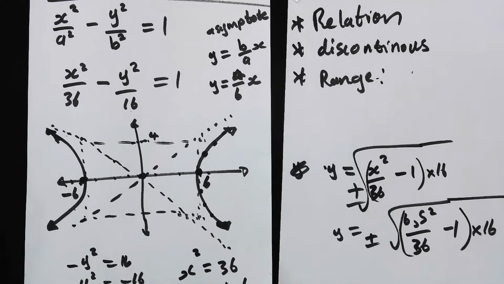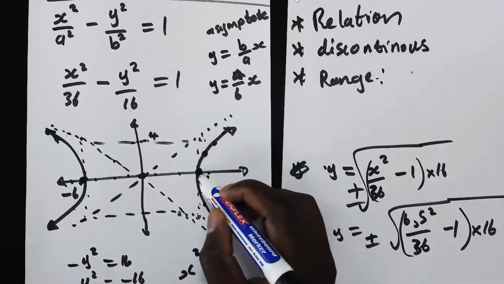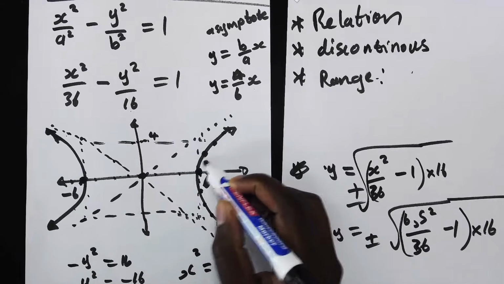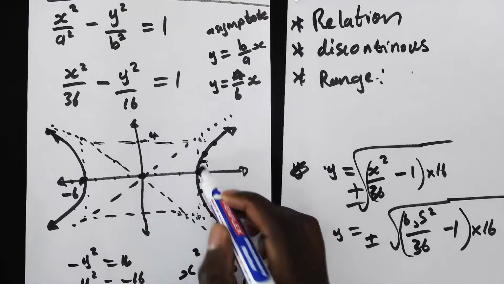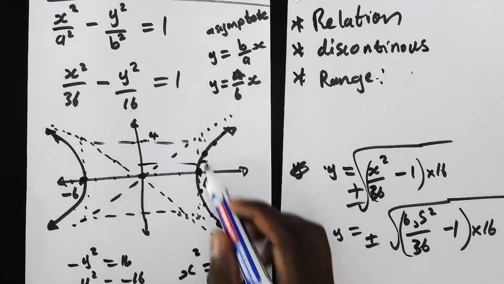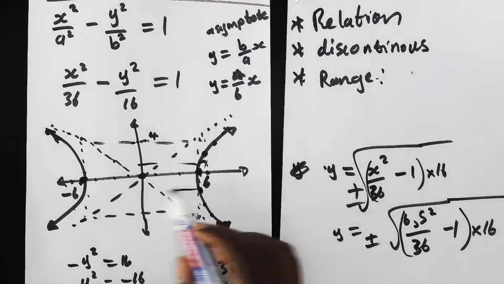Okay. That's true. So which means if x is 6 point something, y will be 1 point something. Even here plus or minus 1 point something.